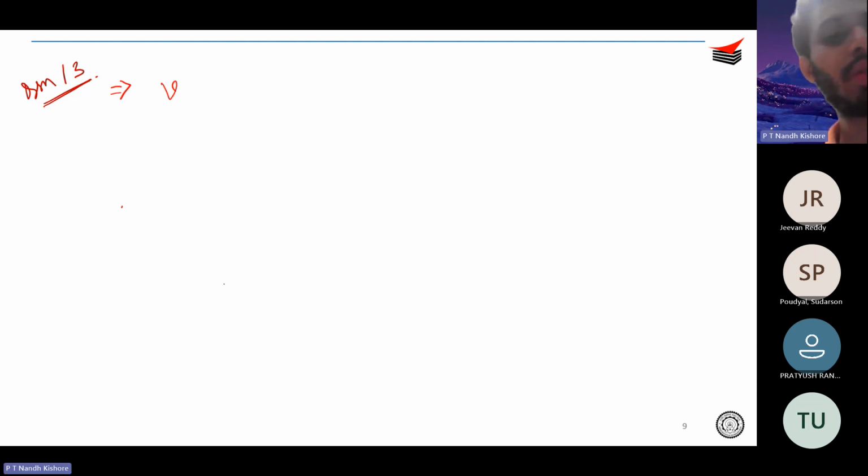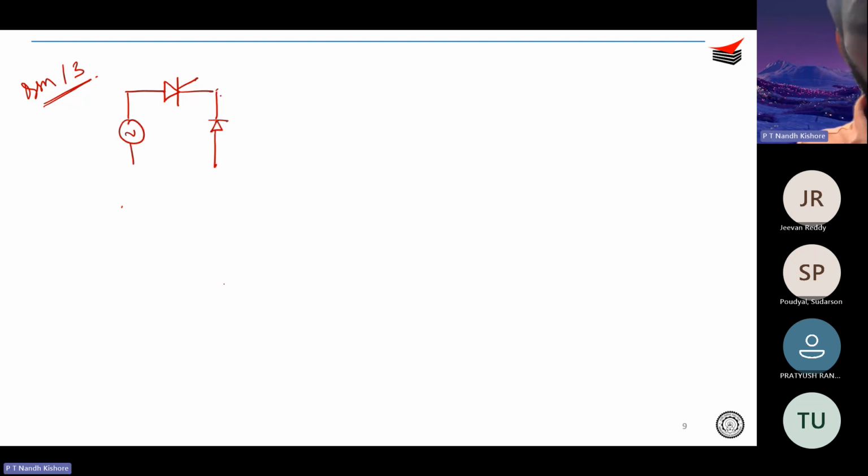Question 13 is going to be the same circuit in the sense that you have a thyristor, the source, and then you have a load.